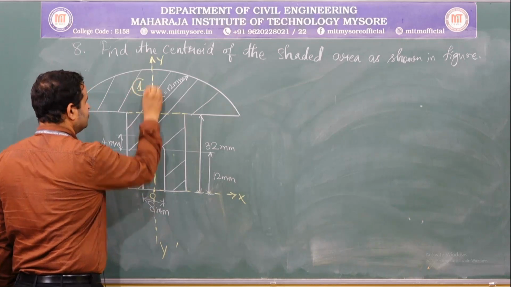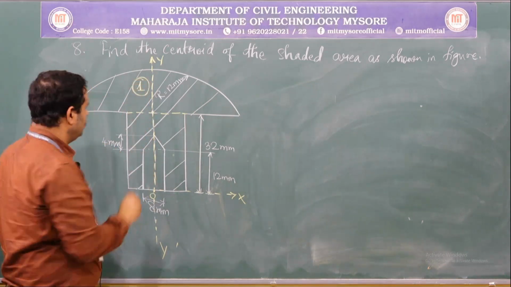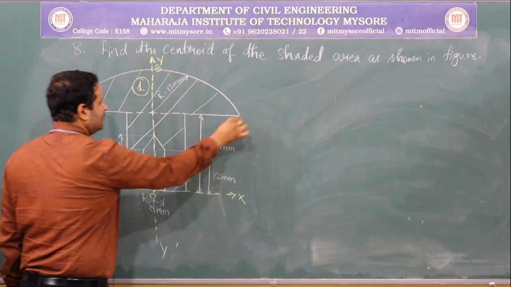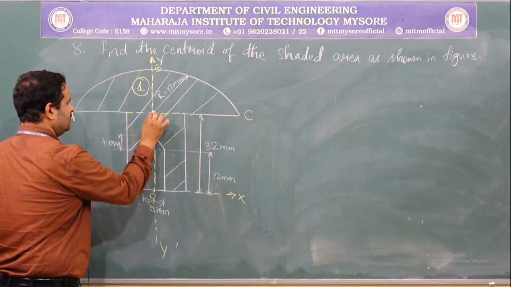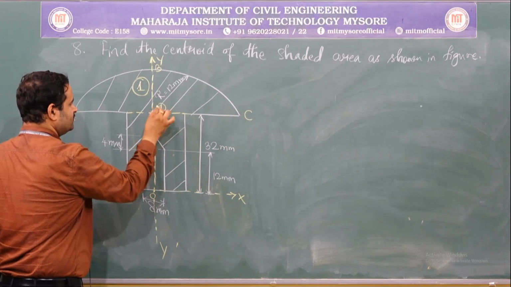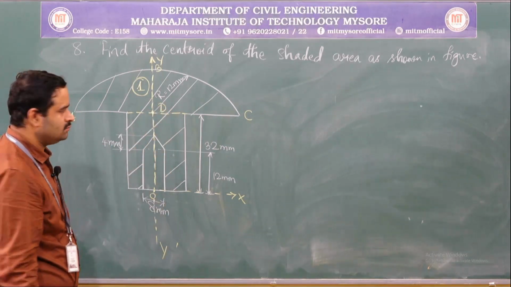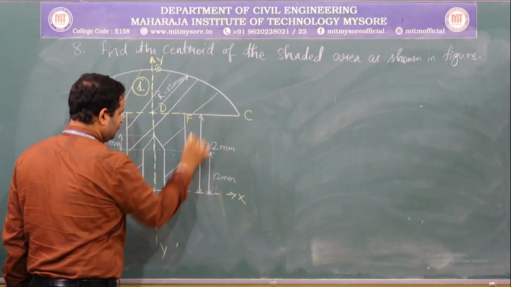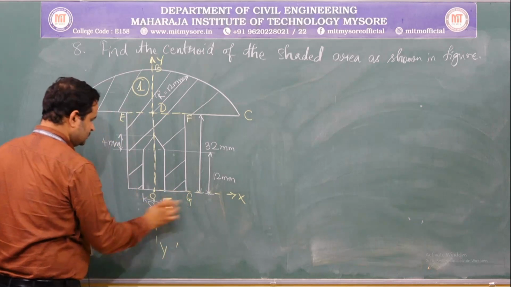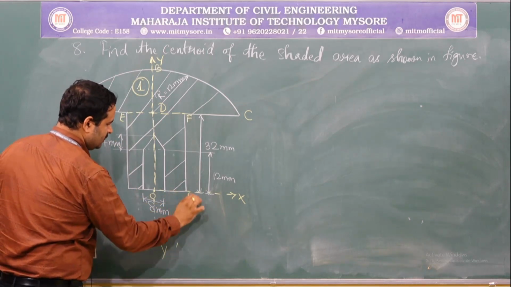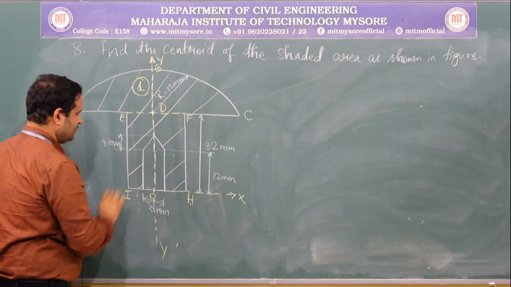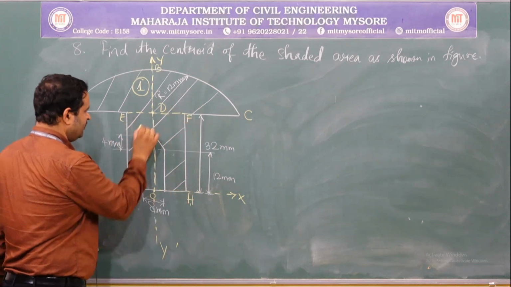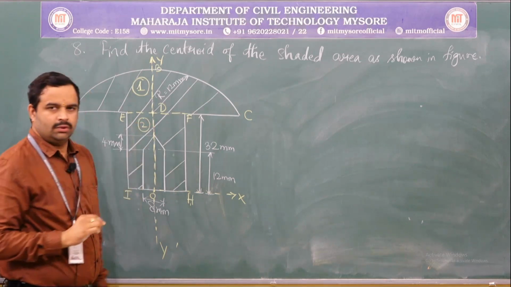Say this semicircle is component 1, and let me name the points A, B, C and the midpoint of the semicircle BD. Then let me name the others E, F, H and I. This is a rectangle, and this rectangle will be component 2.